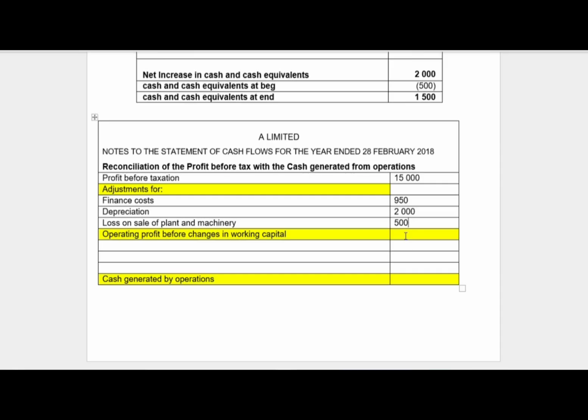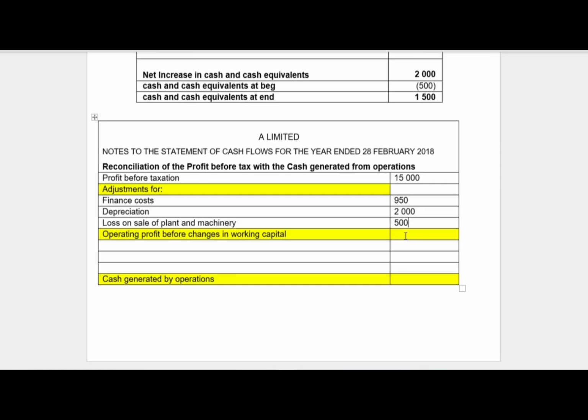So I'm getting 16,450, right? When I say plus 2,000 for depreciation, I'm getting 18,450, right?